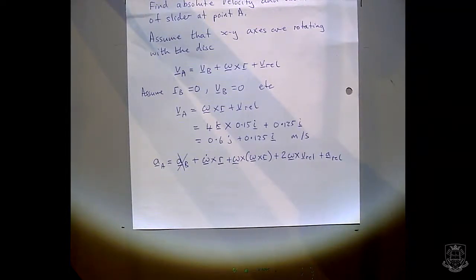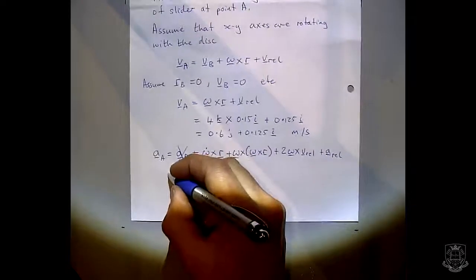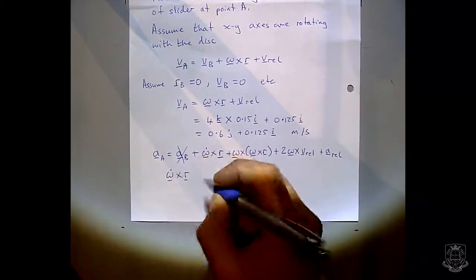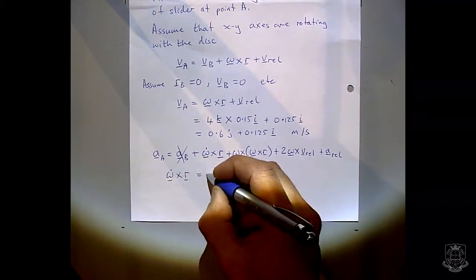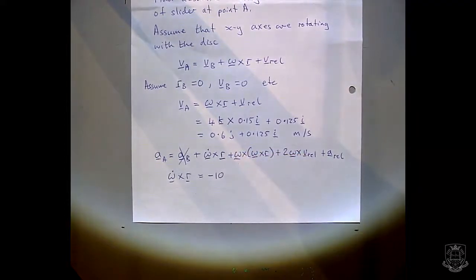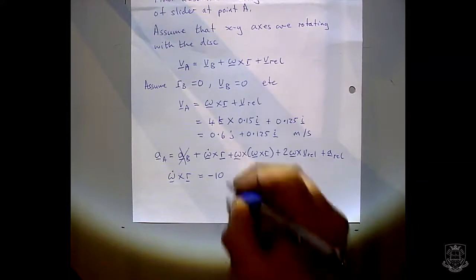So when we work out omega dot crossed with r, we'll have minus 10, representing that the scalar value is 10 but going in the negative direction for an angle, and we multiply by k.